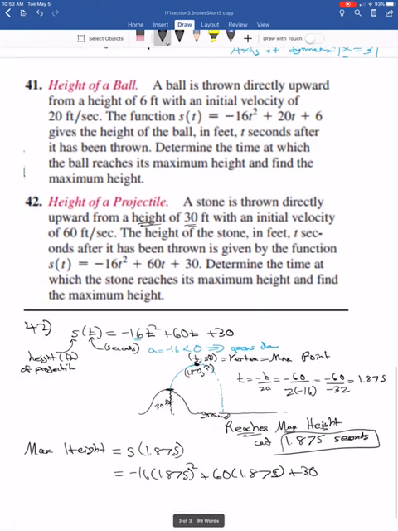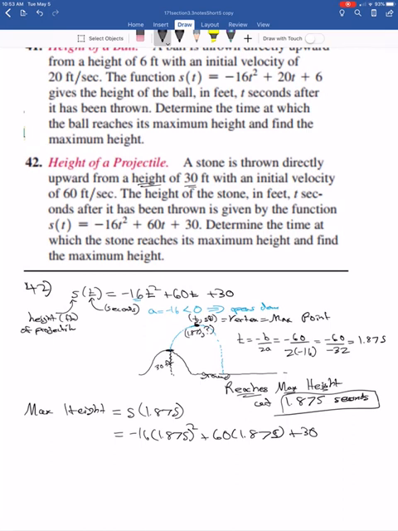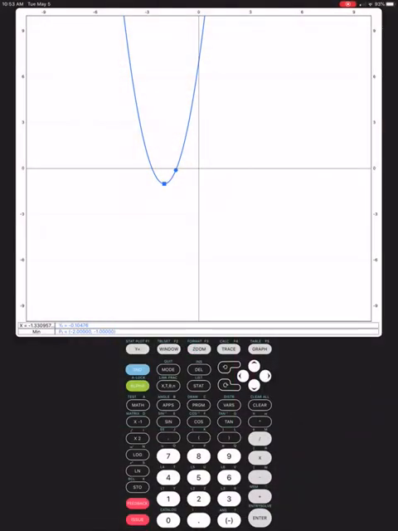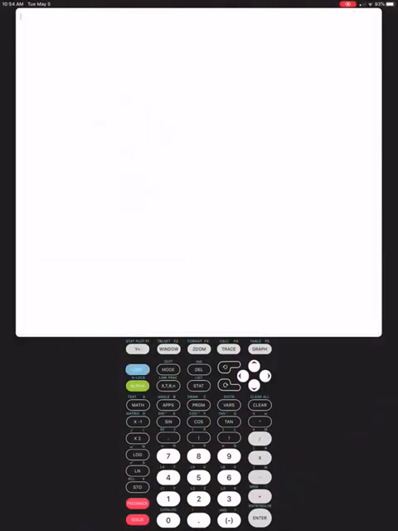And you can put that in on your TI. Let your calculator do it. If you want, let's do it together. Get your TI out. I'll give you a second to pull that up. All right, let's go to our home screen and type it in.